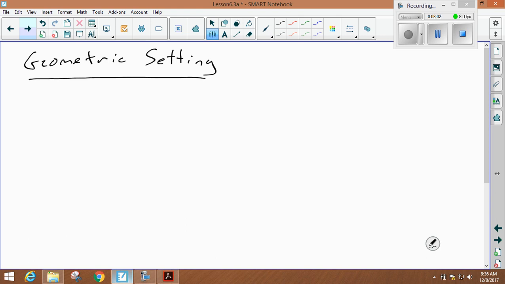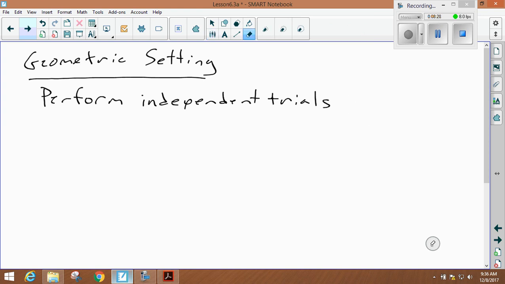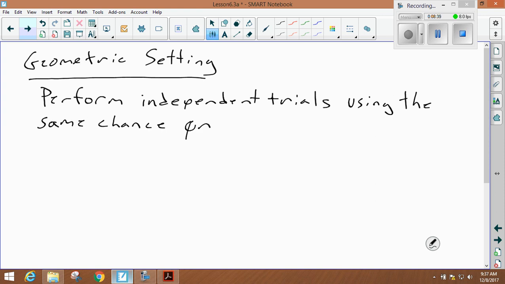So what we're doing is performing independent trials using the same chance process and recording the number of trials.